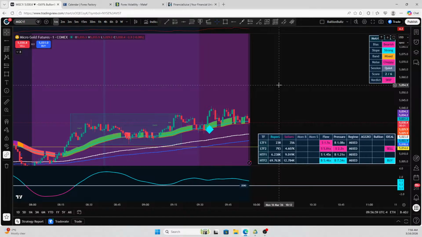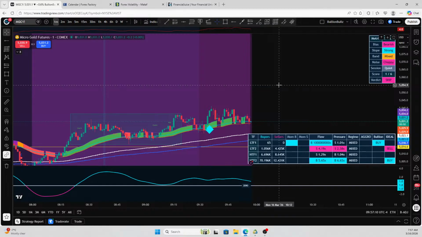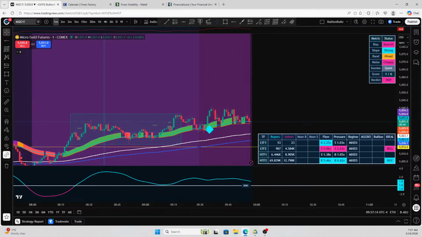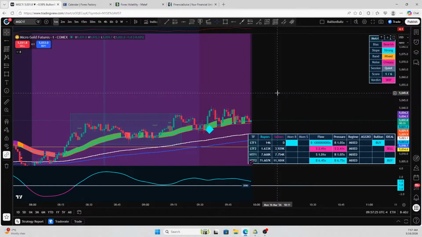So it's really important to be mindful and diligent, and take this as a learning opportunity to learn about how the markets work. You might not see opportunities all the time, but when you do, our trend master indicator and our Bullion trading system are going to help you identify these opportunities in good market conditions.